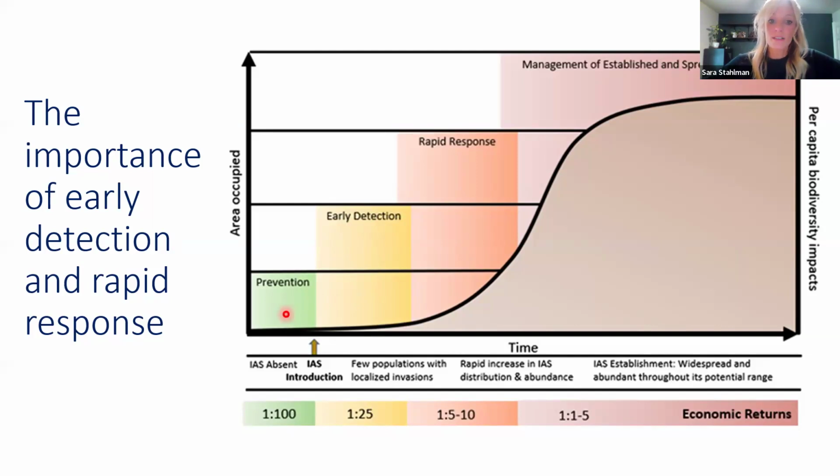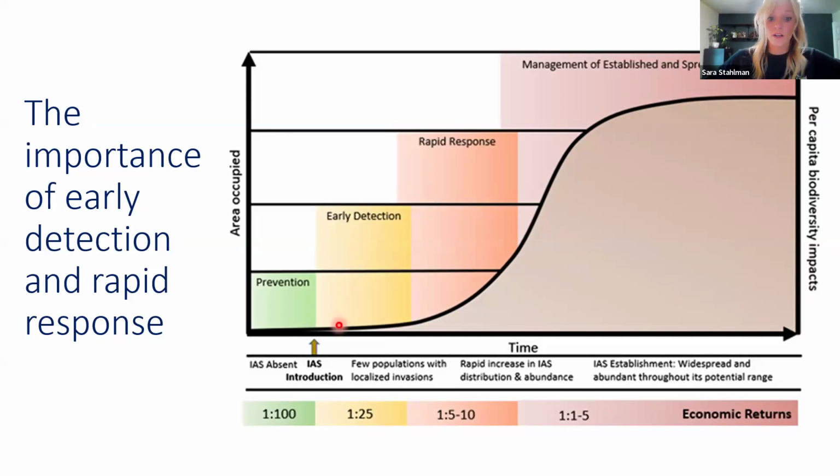But this is when something does end up passing through that threshold. Here's where we get into early detection. The sooner you can find something, the more chance you have of being able to act and control before you end up spending a lot of time and money and resources and it gets beyond the point of eradication.